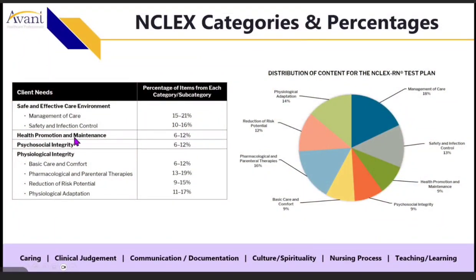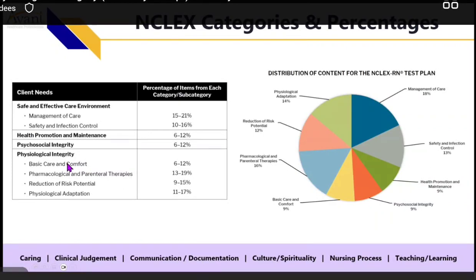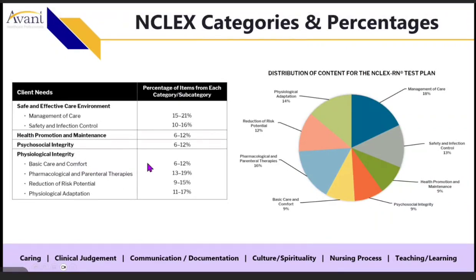But maybe you're not so great with basic care and comfort, and you ended up at the highest level of 12%. So this, quote, smaller section could be at least a little bit bigger on your individual exam than this, quote, larger section, because of where your individual strengths and weaknesses are.